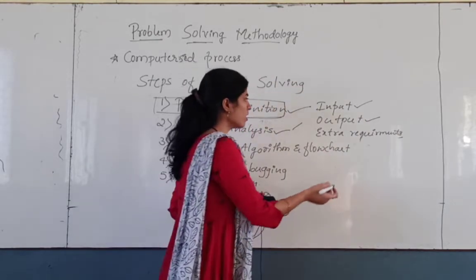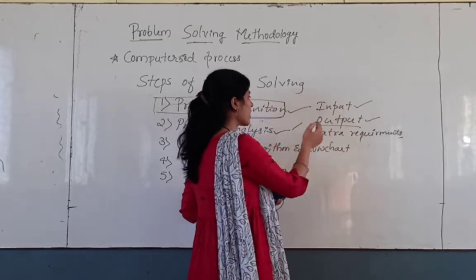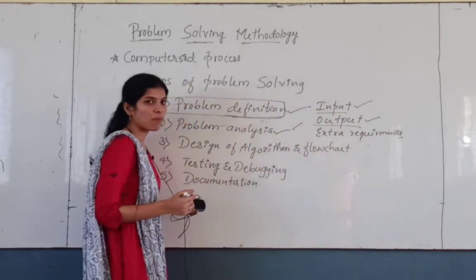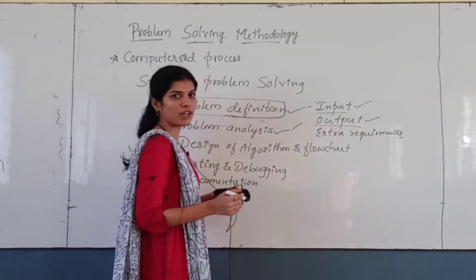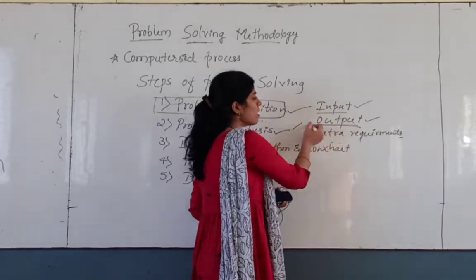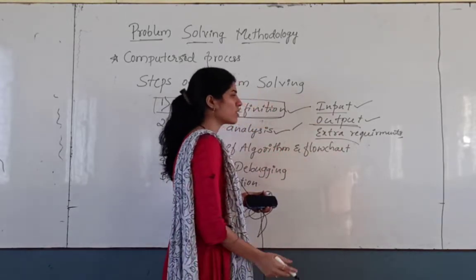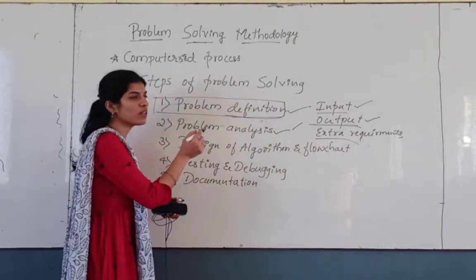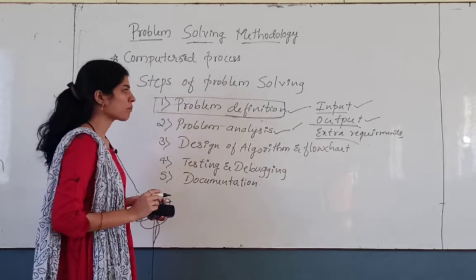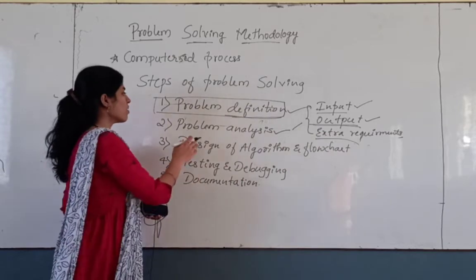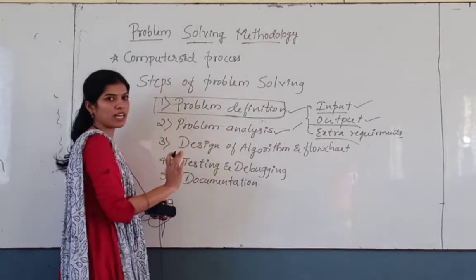From this input raw data, we solve step by step and get the final accurate result, so it is called the output. And the extra requirements and constraints are those needed for solving this solution. These are the three parts of problem analysis.